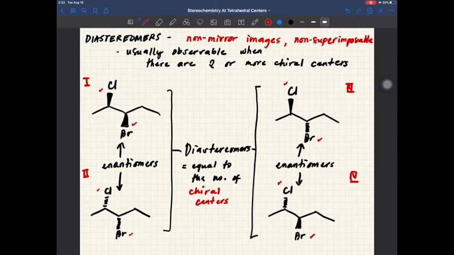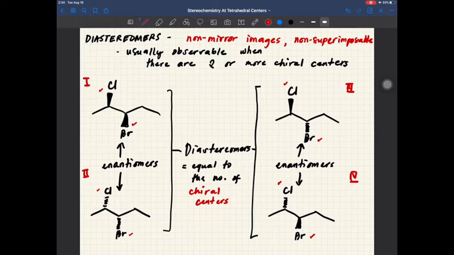But how about compounds 1 and 3 or compounds 2 and 4? They are not enantiomers. They are called diastereomers because they are not mirror images and they are not superimposable. The most relevant analogy for this one is when we think of enantiomers as our left and right hands, diastereomers are basically the left and right hands of your friend.